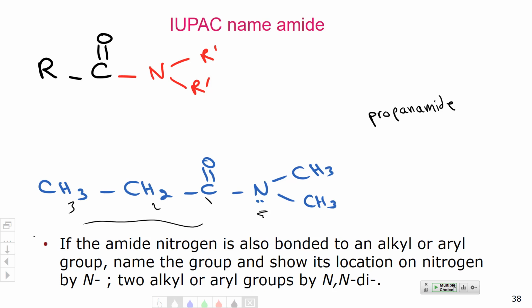So according to IUPAC, to tell whoever is reading the name that those methyls are connected to the nitrogen, we use the prefix N. Because these two methyls are connected to the nitrogen, I'm going to put N,N-dimethylpropanamide. If it is ethyl, ethyl, N,N-diethylpropanamide, and so on. So this is the naming.